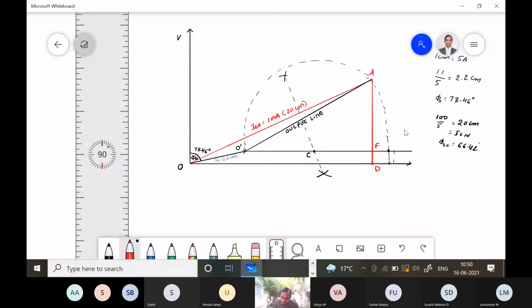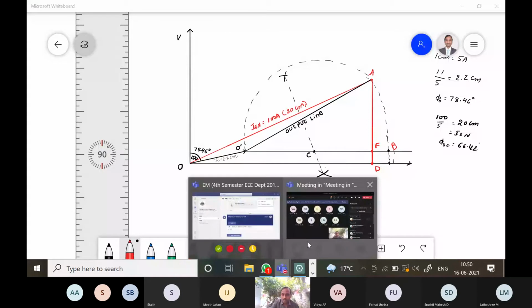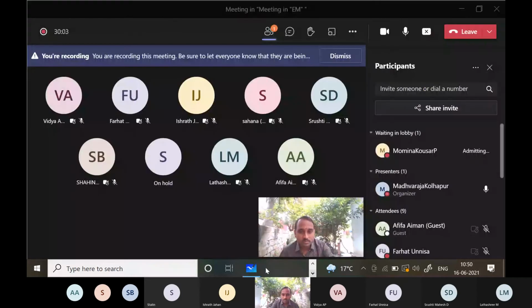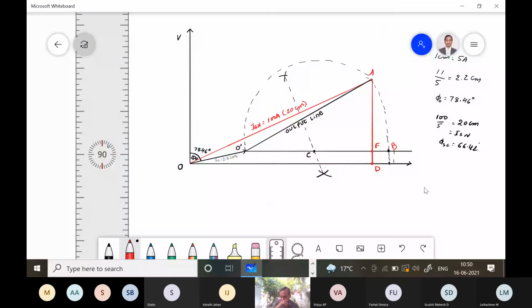So this point is called as B point. So measure the AD line. What is the distance of AD line? How much is it? 8. Length of AD is equal to 8 centimeter, right?